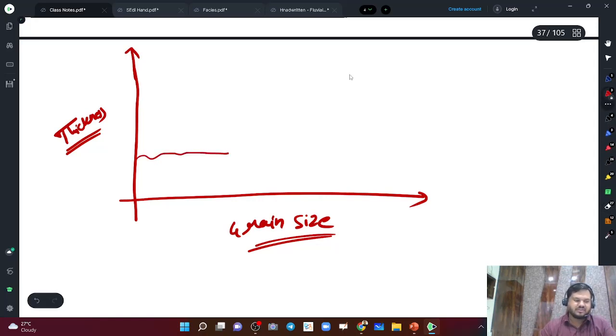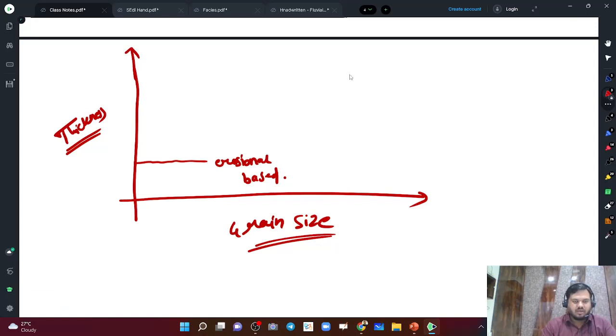This is the base of the channel, or you will call it the erosional base, right? Channel has relatively higher energy. Okay, it is like this. After that, above it, you will get mostly coarse grain.